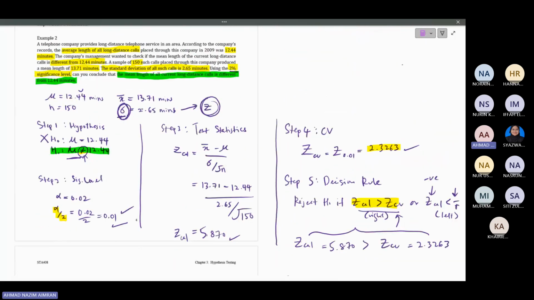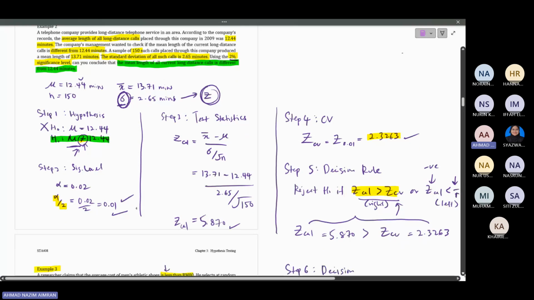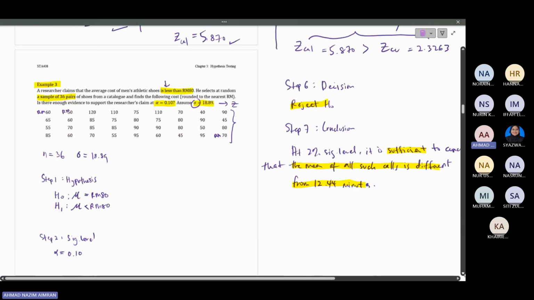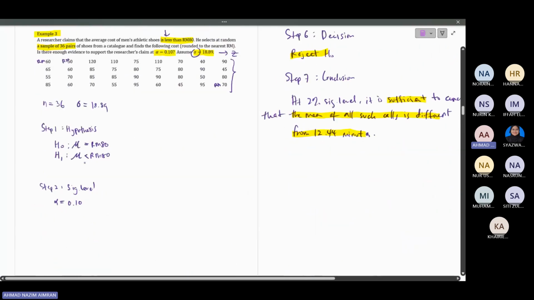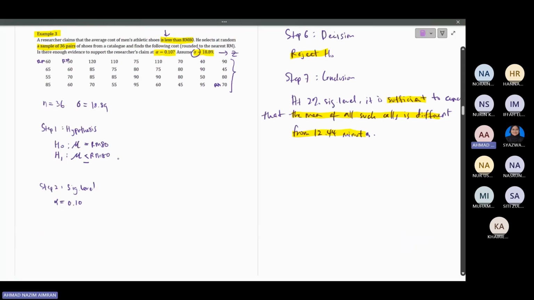But when in the alternative hypothesis you have less than or greater than, you don't need to divide the alpha by 2. Just use alpha 0.10.